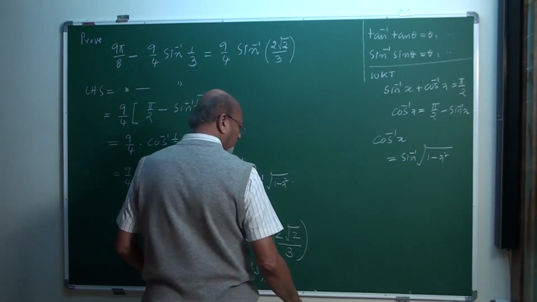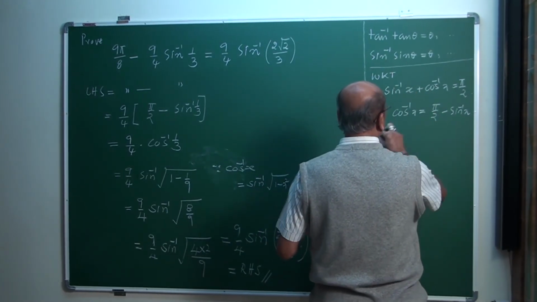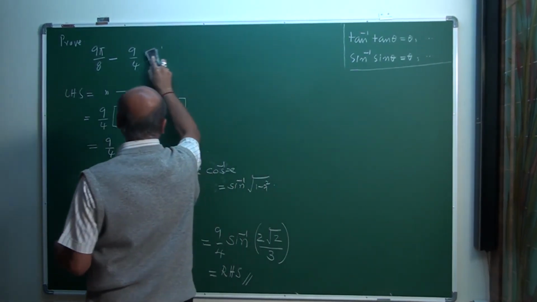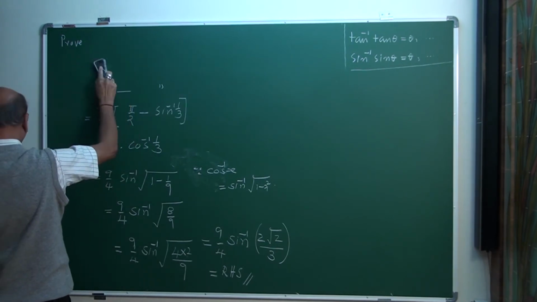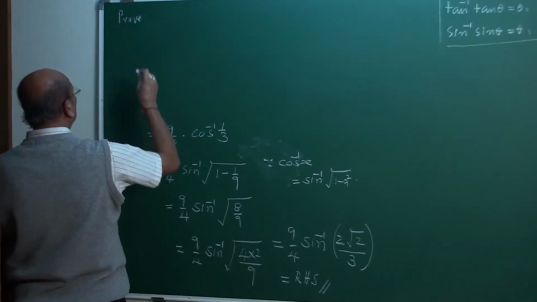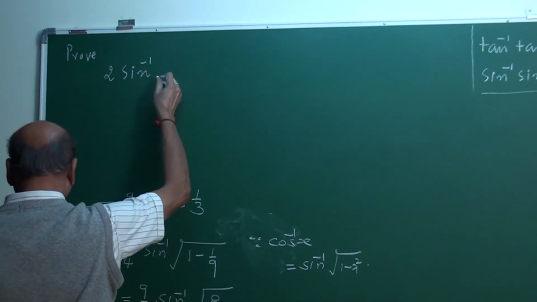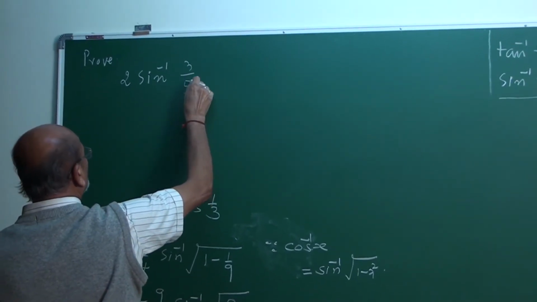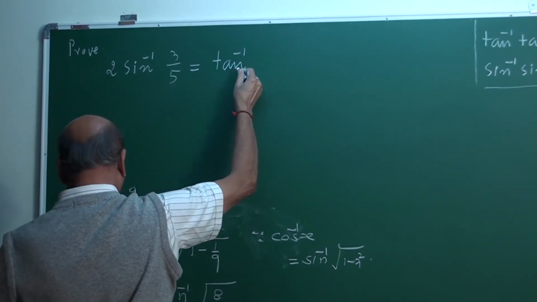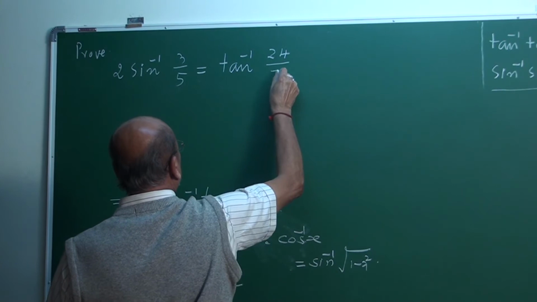Last but one example is: prove that 2 sine inverse 3 by 5 equals tan inverse 24 upon 7.